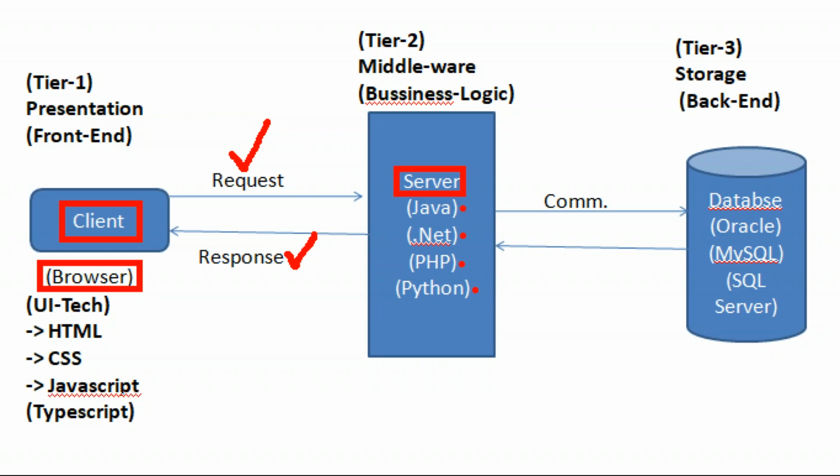And inside the server, if you require any dynamic information, what will the server do? The server is going to communicate with the database, meaning a Java program, or a .NET program, or a PHP program, or a Python program.